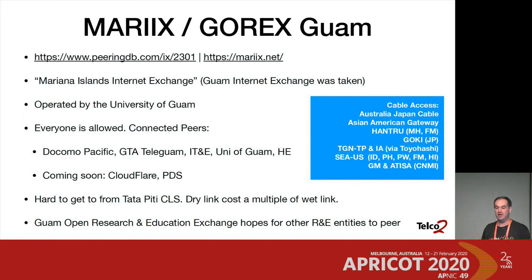Everyone is allowed in to peer at MARIX. It doesn't matter if you're not a national carrier. You don't need any sort of license in Guam or the United States to turn up and peer. So if you're a Japanese carrier, I think it would be a great idea to buy some capacity on TGNTP and come and peer from Japan.